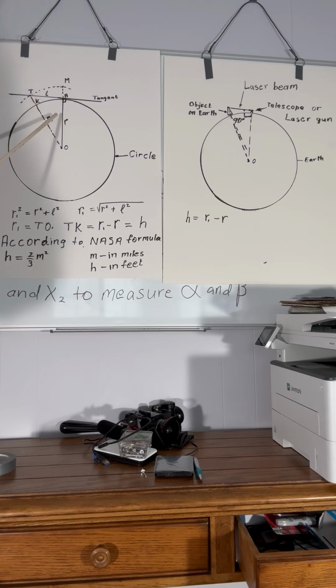R1 is longer than R by TK. TK is equal to R1 minus R. That is H, the difference in height. As you move along the tangent and the circle, they separate. You move, the circle goes this way, the tangent goes straight.